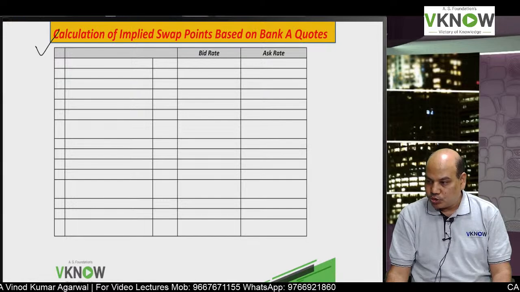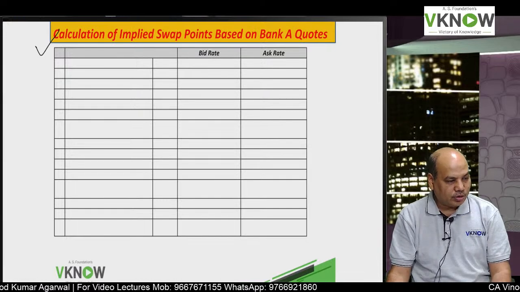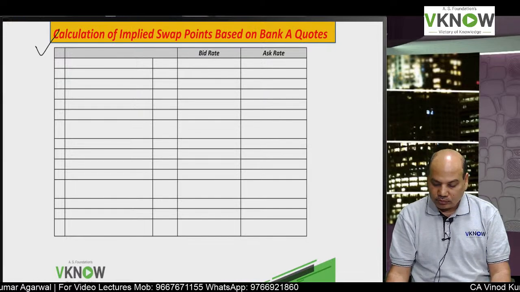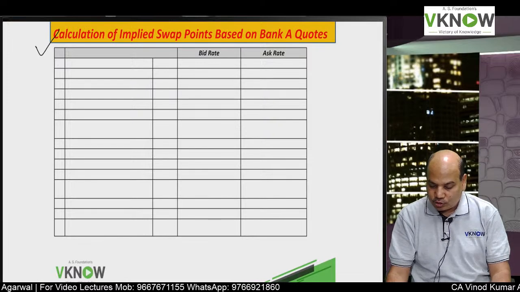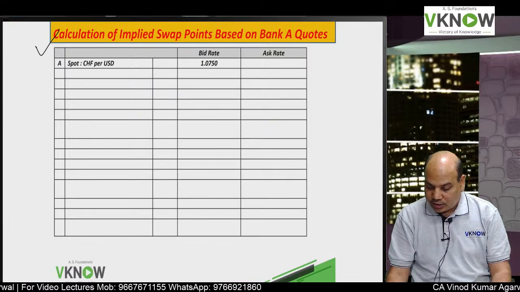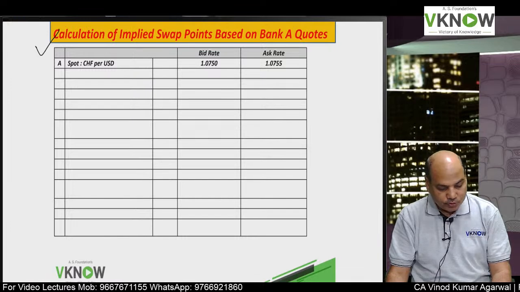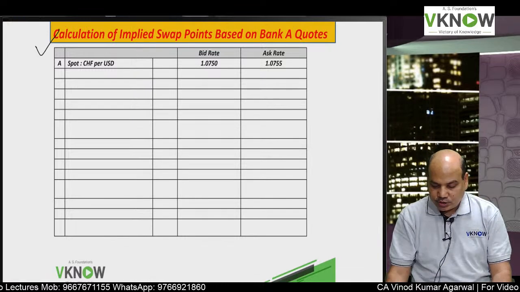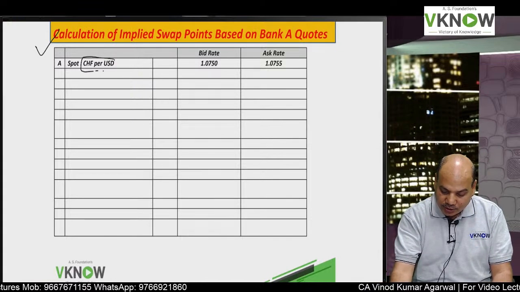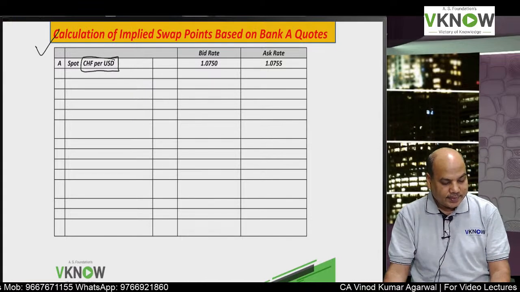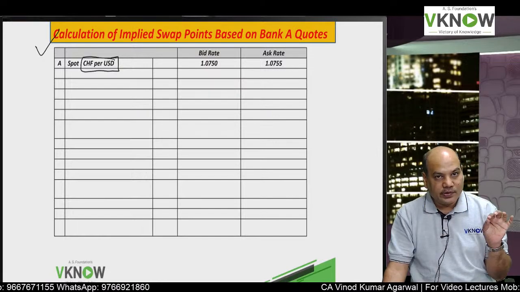Calculation of implied swap point based on bank A quotes. Students, please follow me. Bid rate, ask rate. So for the spot rate we will write CHF per USD. We have decided to interpret it like this. It is not USD per CHF.